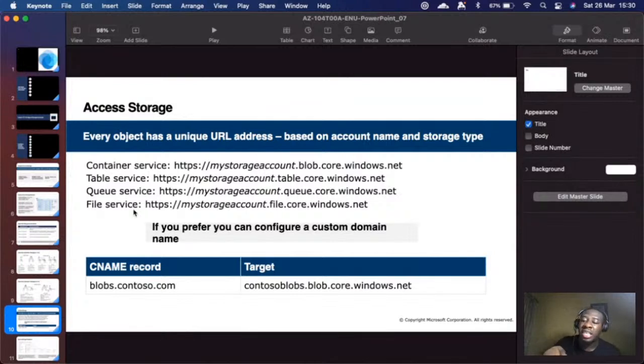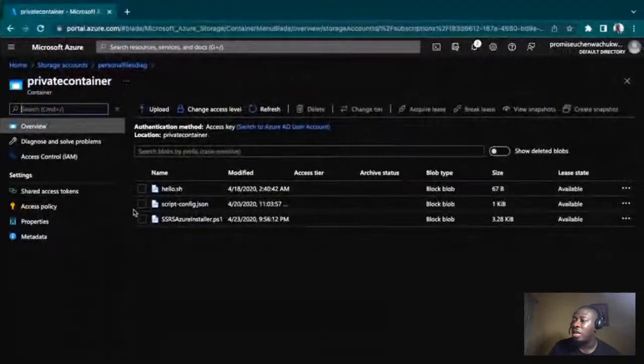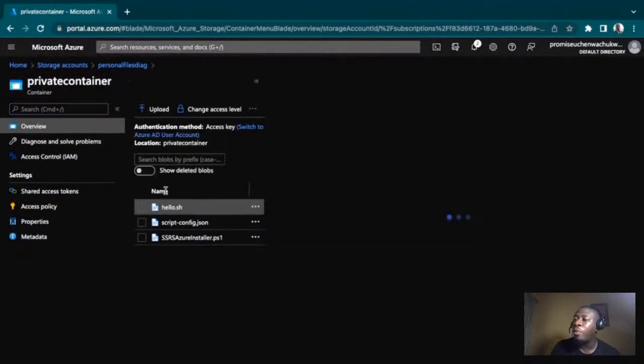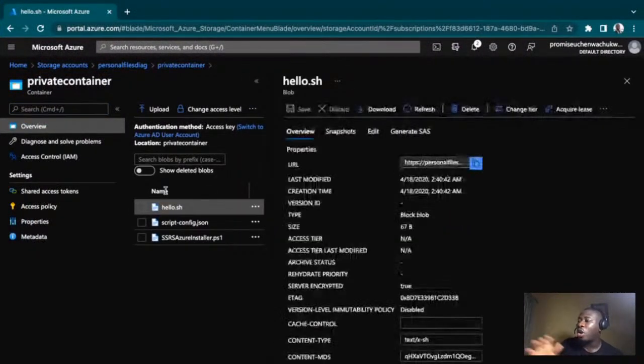How are you able to access this file outside of the storage account? So one of the things you can do in this case is this. This is a sample script which I configured, right? And I stored it in this container. Just for instance, I want someone located in some region to be able to have access to this file using my Azure Storage account. What do I do?